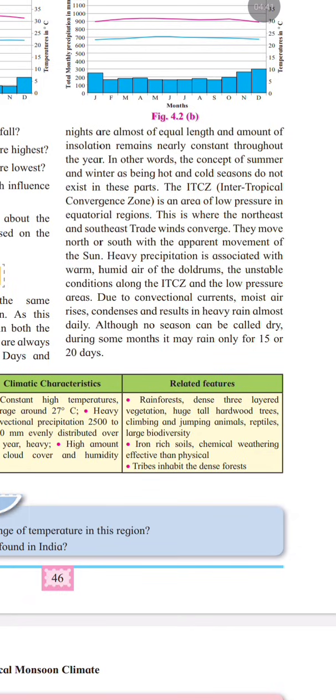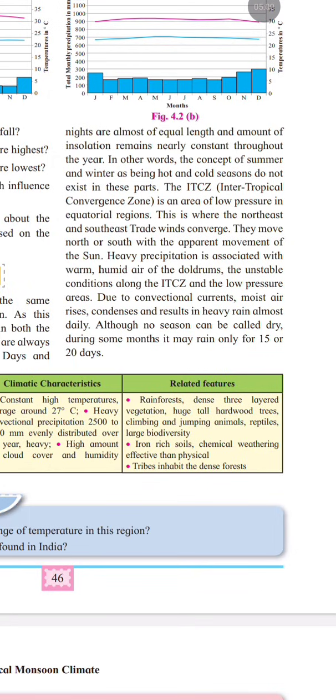This region is influenced by the ITCZ, the intertropical convergence zone. So here the northeast and southeast trade winds converge, that is, they come together. The air here is warm and humid due to convectional currents.